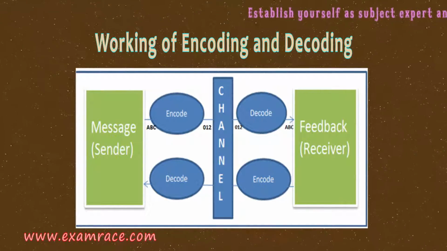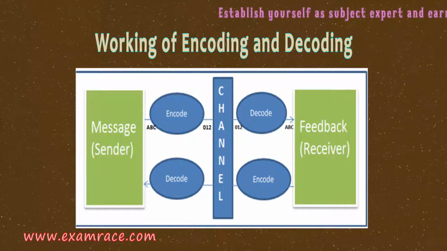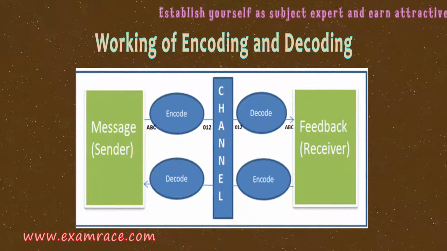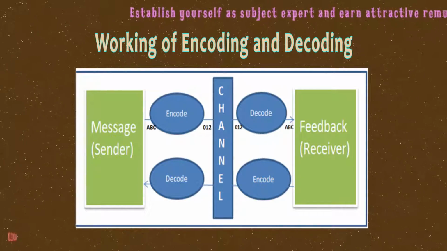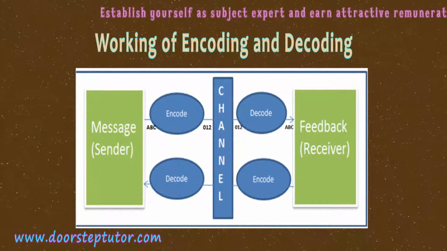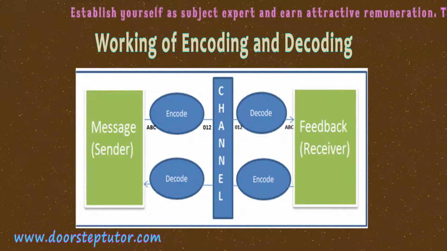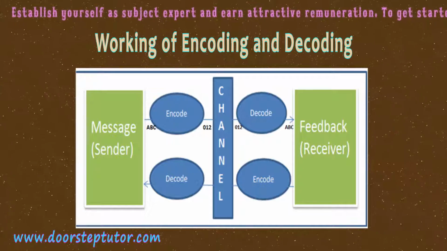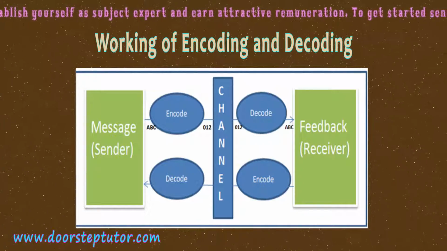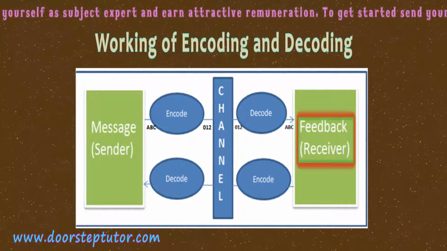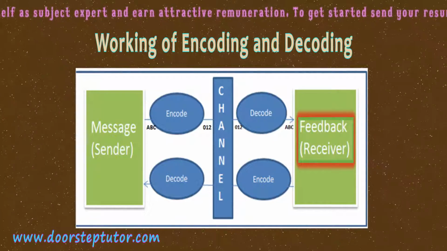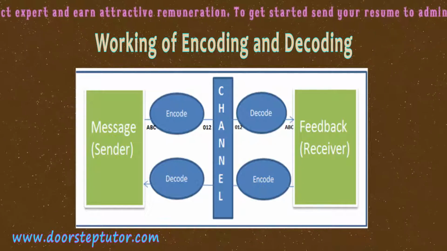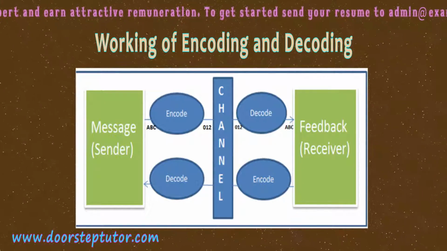After crossing the channel, the encoded format 0, 1, 2 will again be converted to A, B, C. It means that the coded format will be converted to the original form. That process is called decoding, and decoding is done at the receiver side and encoding is done at the sender side. So this is the simplest working of the encoding and decoding process.